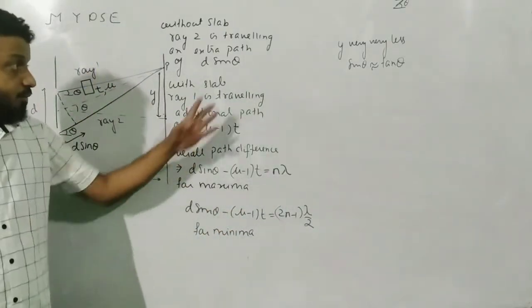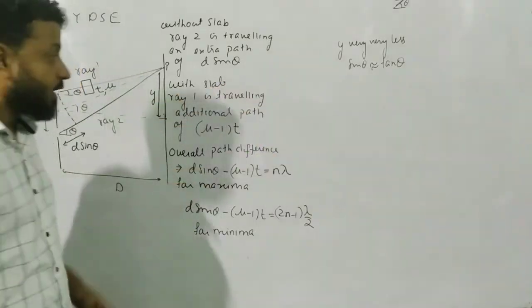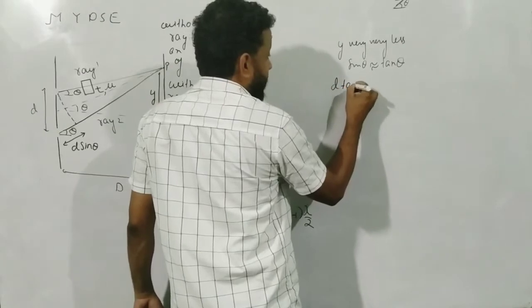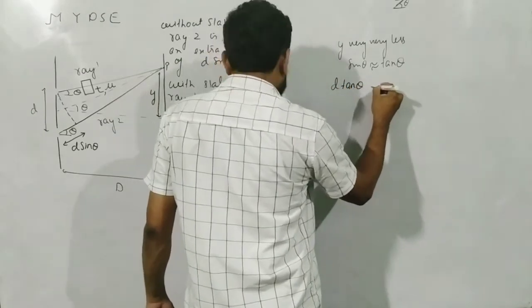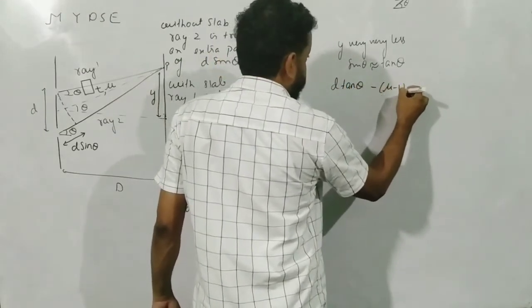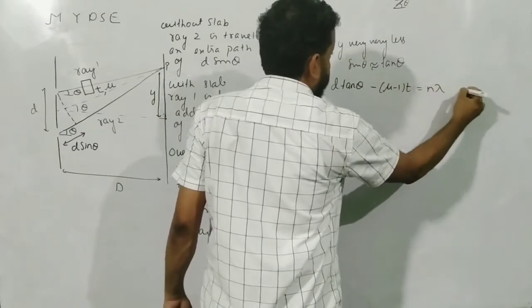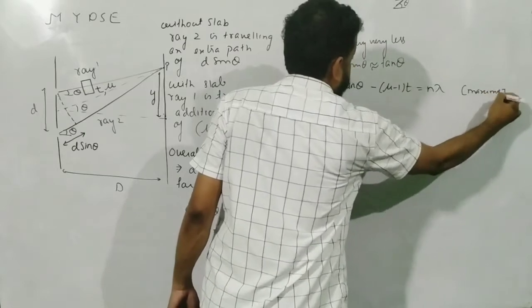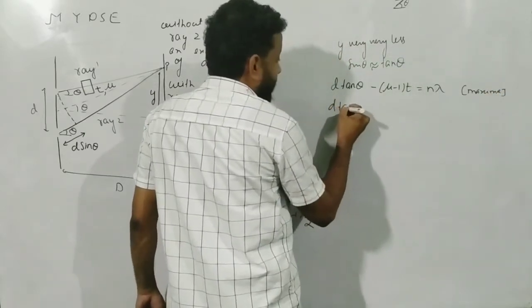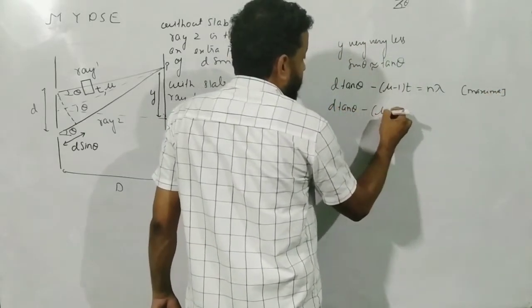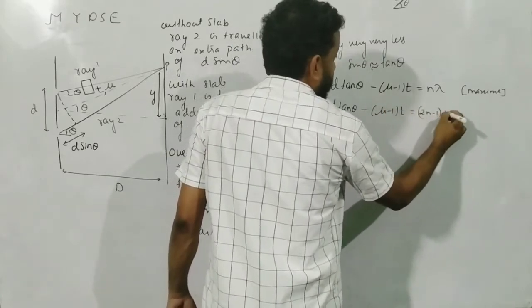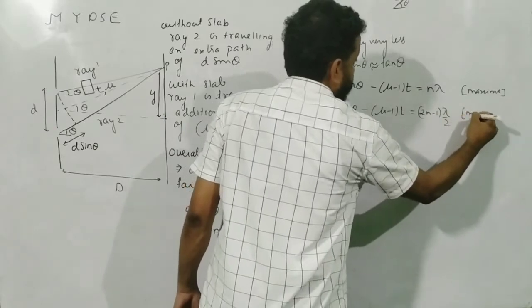Here, if I have to apply that approximation, I will write the equations like this. For y very, very less, I can write this as d tan theta minus mu minus 1 into t equals n lambda for maxima, and d tan theta minus mu minus 1 into t is equal to 2n minus 1 lambda by 2 for minima.